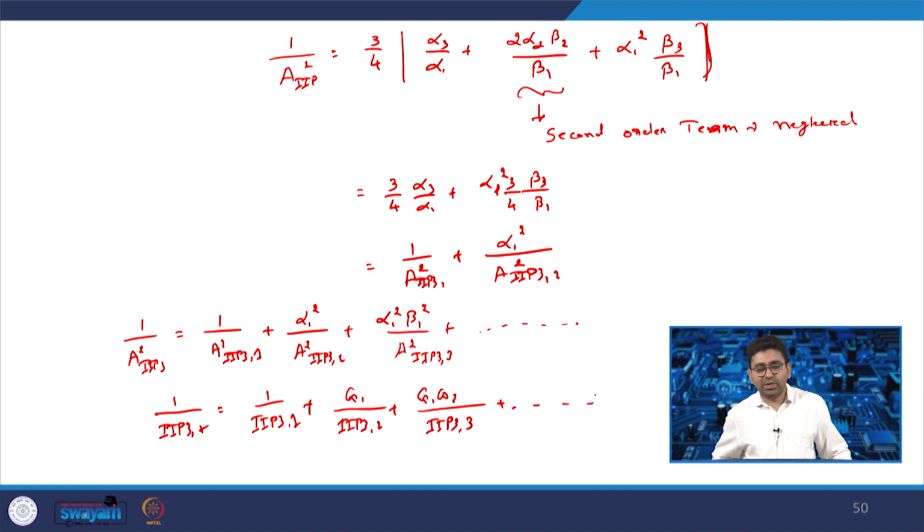So, what this equation tells us is that your IIP3 is mostly dominated by the last component. How much IIP3 your last component is adding will define the complete system IIP3, and it is always important that the last component in your receiver chain should be as linear as possible.